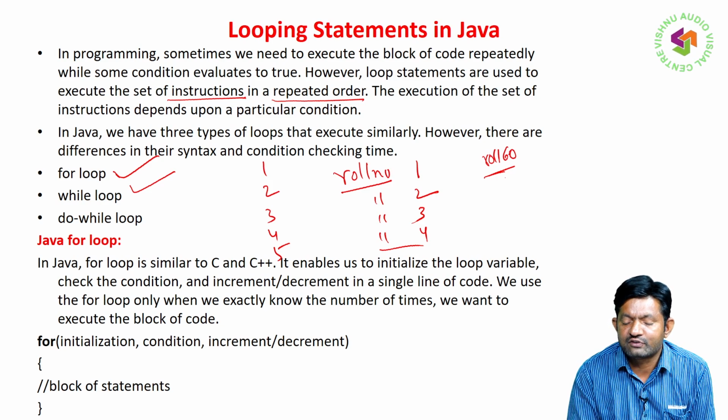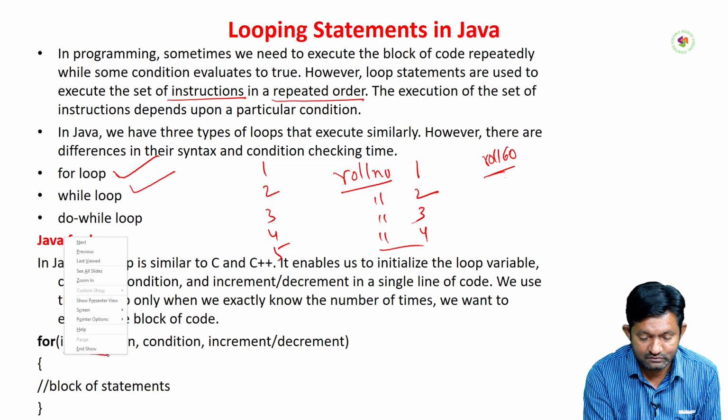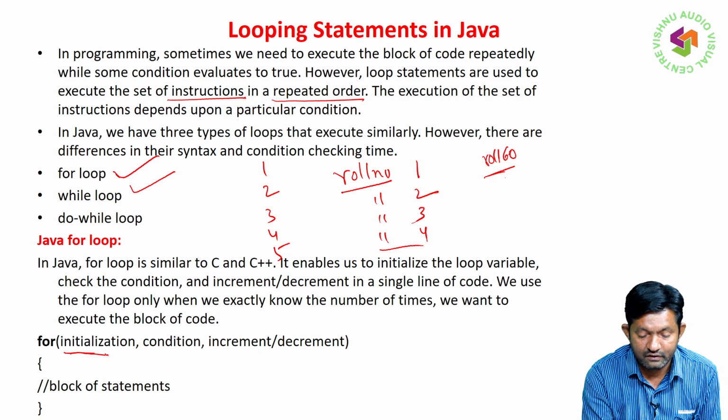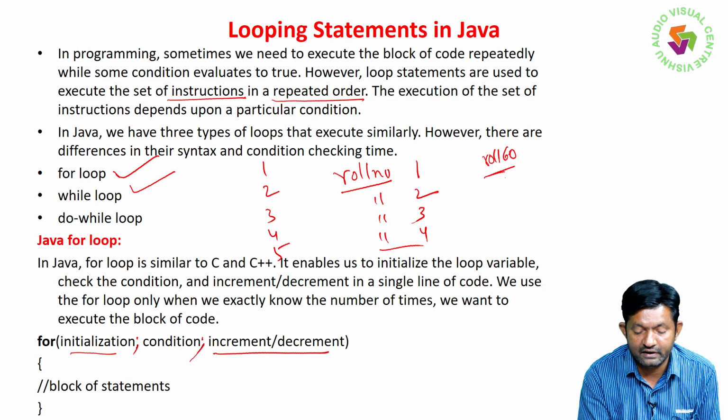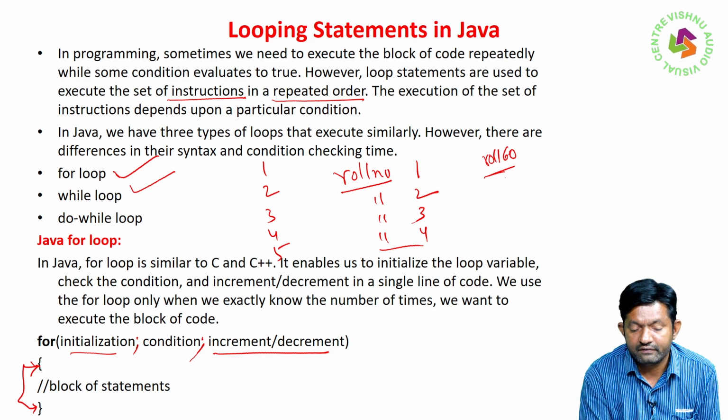The general syntax for the for loop is: for, initialization, condition, increment or decrement, block of code to be executed. This is the syntax of the for loop.